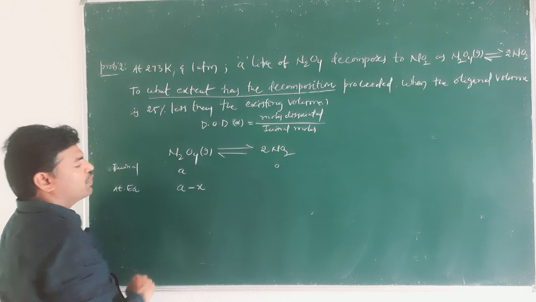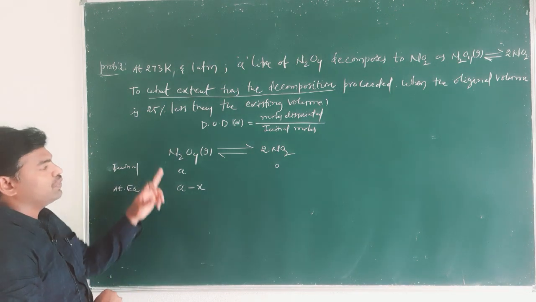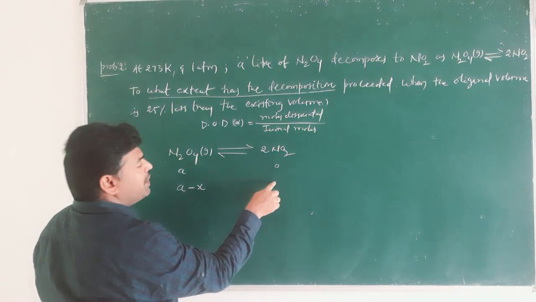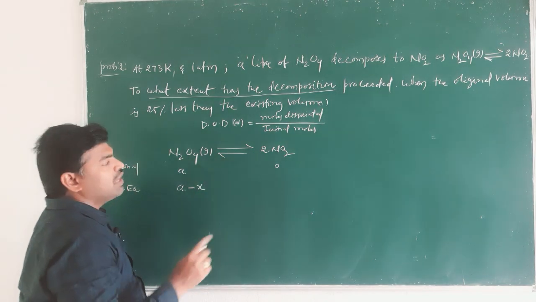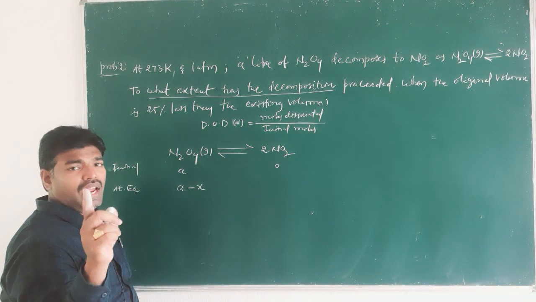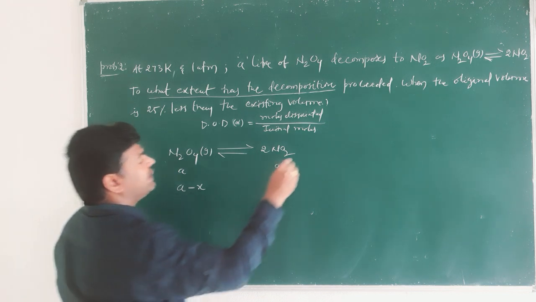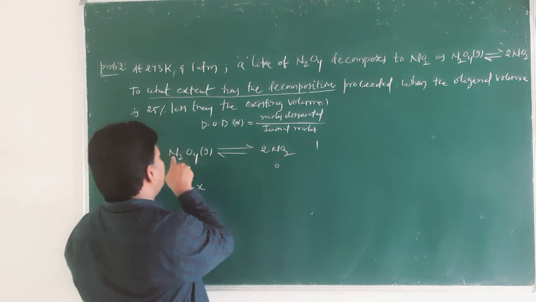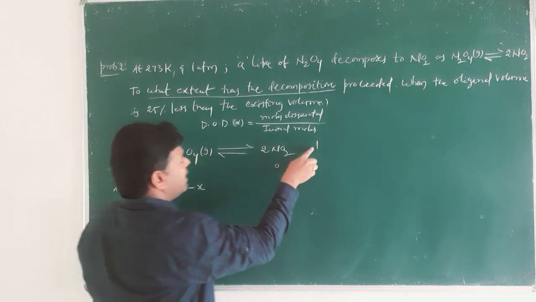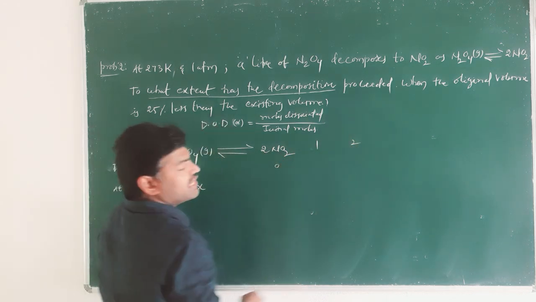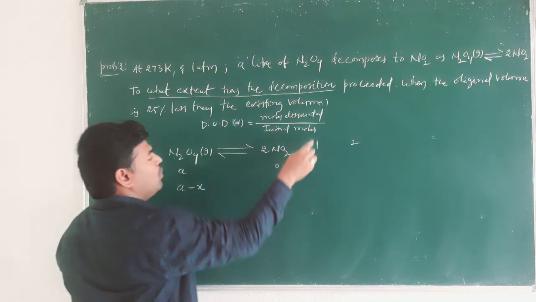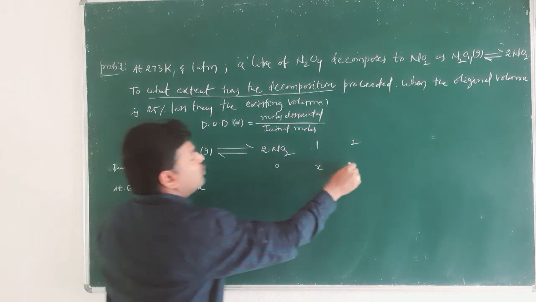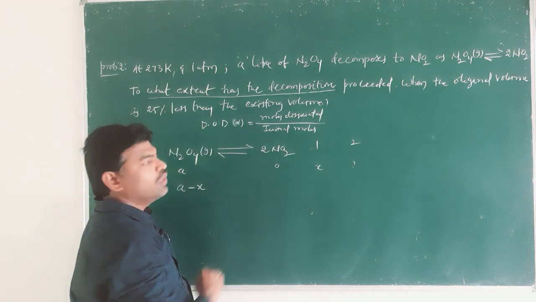x moles of N2O4 decomposes, and let us calculate how many moles of NO2 is formed. Already I told one simple technique: take the stoichiometric equation. N2O4 stoichiometric coefficient is 1 and NO2 stoichiometric coefficient is 2. So for 1 mole, x moles dissociated; for 2 moles, how much? 2x.